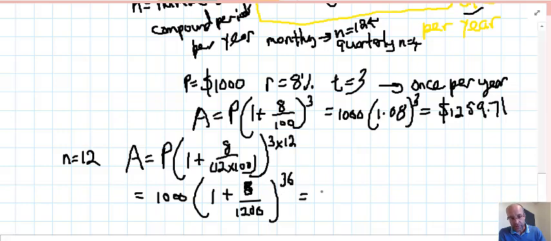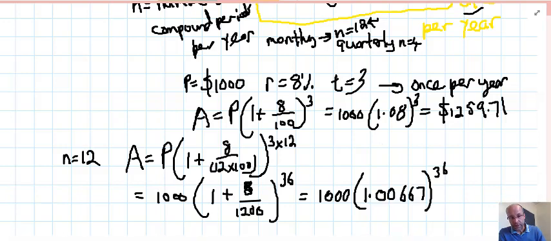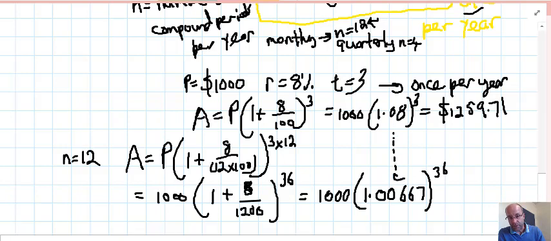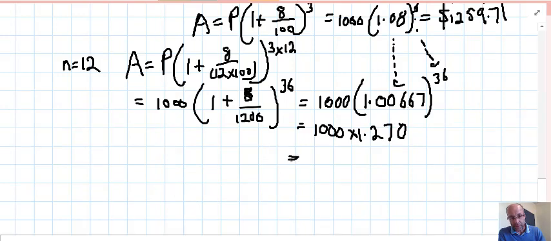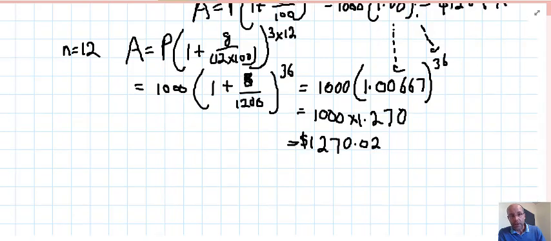And you can break it into bits if you like, if you're scared about it not producing the right answer. We can chunk that a bit and look at the difference it makes to that number inside. You think, oh, won't that give a smaller value, but we're raising it to a much higher power, so it gives a bigger number, as you will see in just a sec. So everything raised to the power comes to 1.270, so we have $1,270 and 2 cents, so don't forget the 2 cents, and that's more.